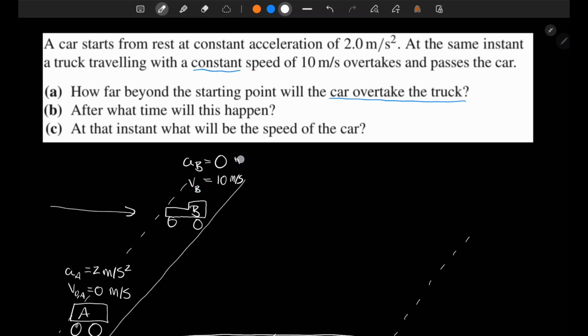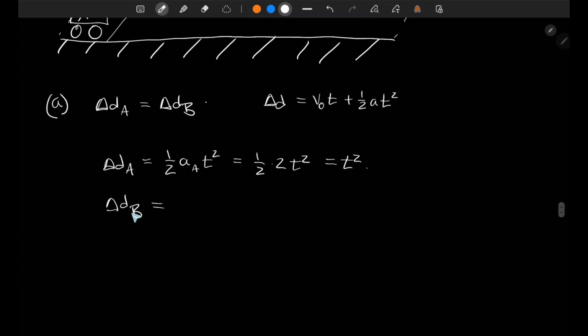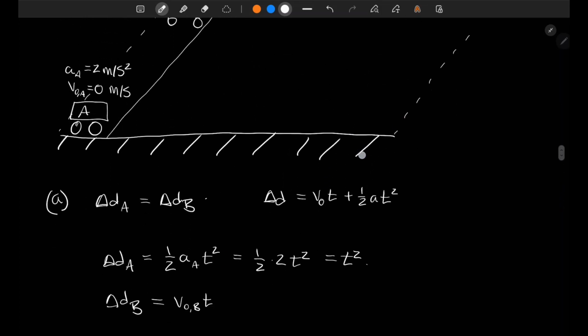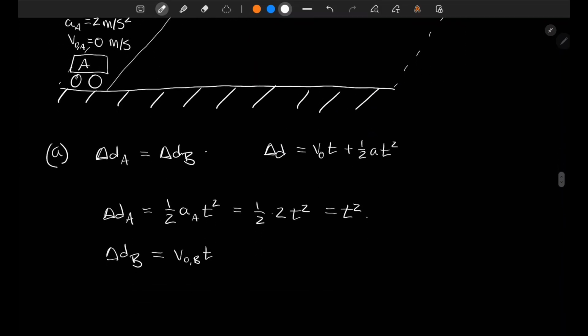And since velocity is constant, acceleration is 0 meters per second squared. So for delta D sub B, the second term is 0. So this is going to be V naught, comma, B times T. But remember that the velocity is constant, so V naught sub B is the same as V sub B. It's the same everywhere. So this is going to be equal to 10 T.